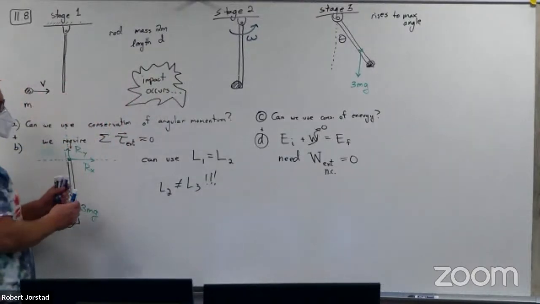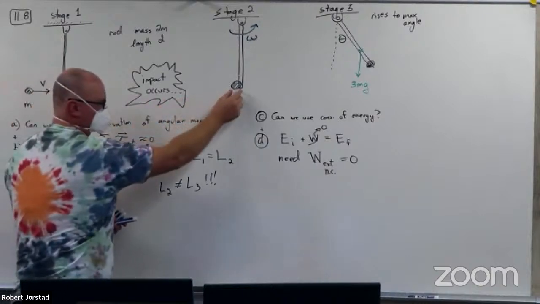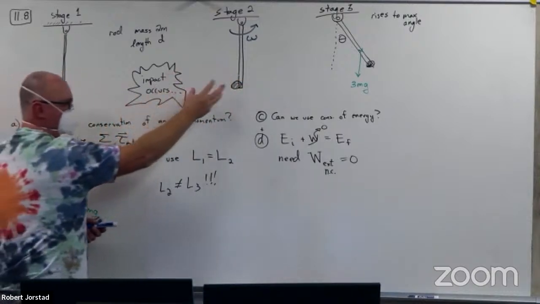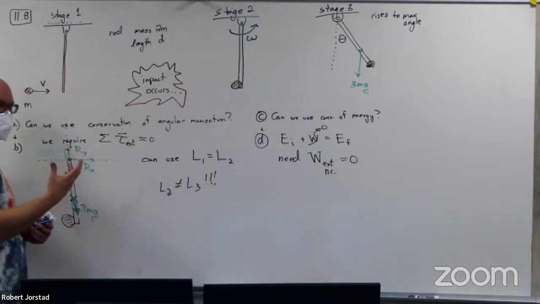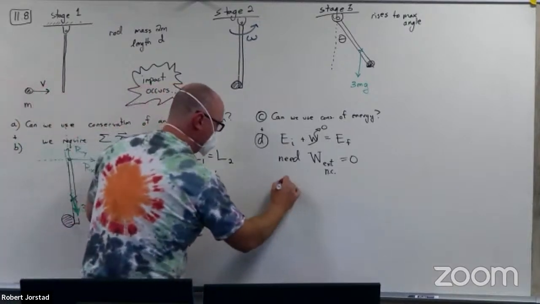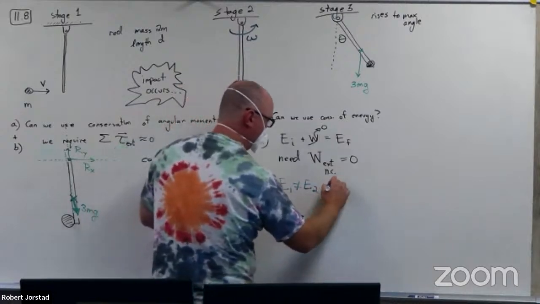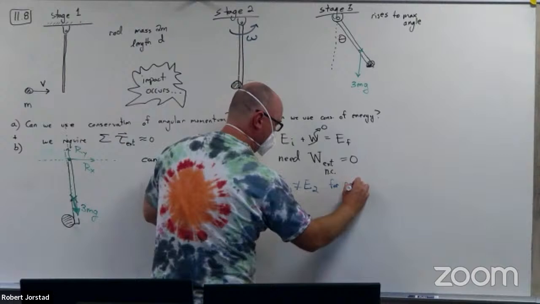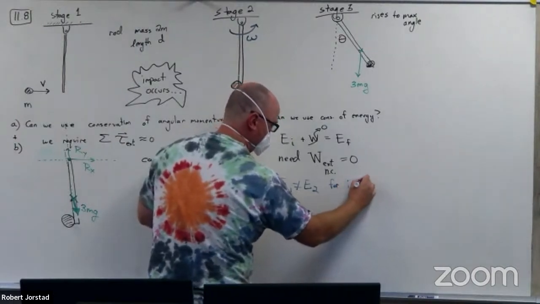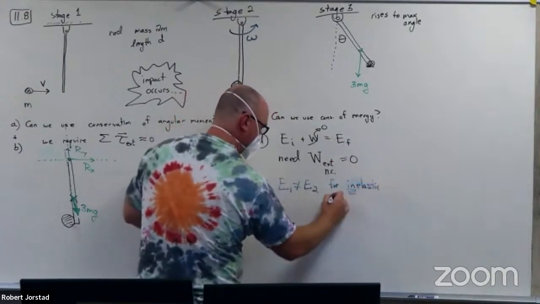It's literally changing the macroscopic motion. You have to squeeze, you have to smash the Velcro or smash the clay or whatever, and the molecules themselves heat up and you lose some of that kinetic energy. So we know that E1 is not equal to E2 for perfectly, well, how about just for any inelastic collision?